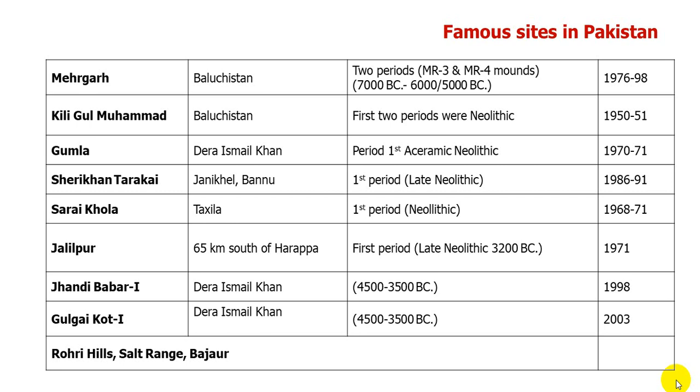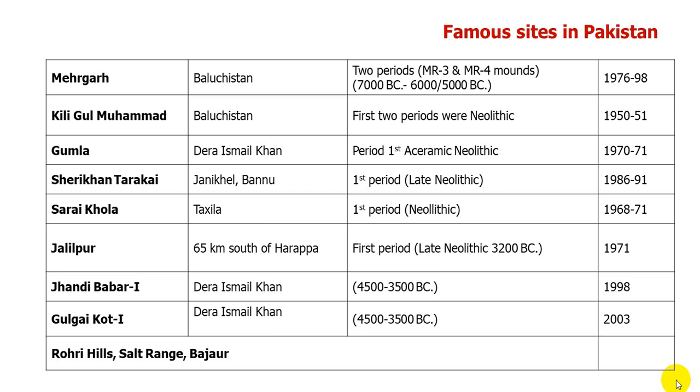Jhandi Babar-I, a very important and the largest Neolithic site so far, located in Dera Ismail Khan, was excavated by the Department of Archaeology, University of Peshawar in 1998. Its first period also belonged to the late Neolithic.